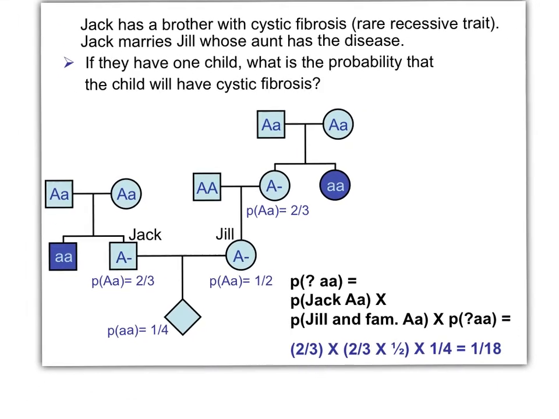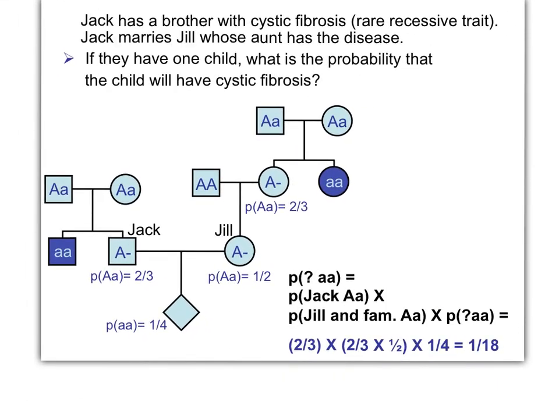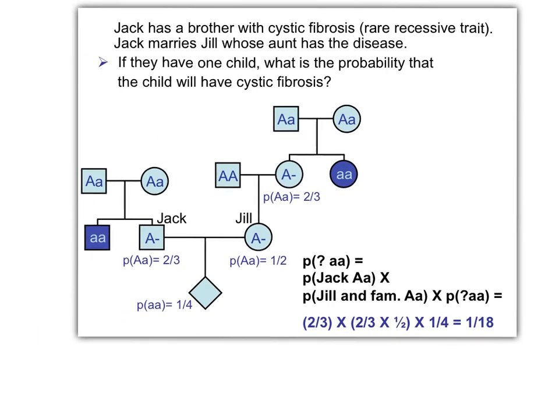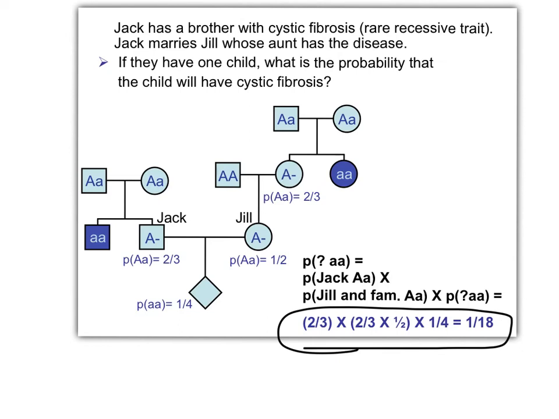We don't care. We're going to talk about Jack and Jill and their cystic fibrosis problem. So again, here we go. It's the same kind of idea as the last one. Just another example, right? So we're going to work through this one. Make sure you can come up with this exact thing.